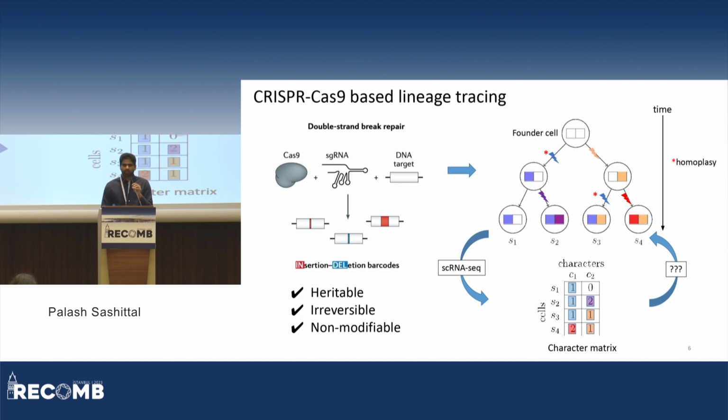So here I'm using 0 to represent the unedited target site, and integers 1, 2, and so on for the different mutations measured at these target sites. So our goal is to start from this character matrix and try to infer the underlying cell lineage tree that generated this character matrix.